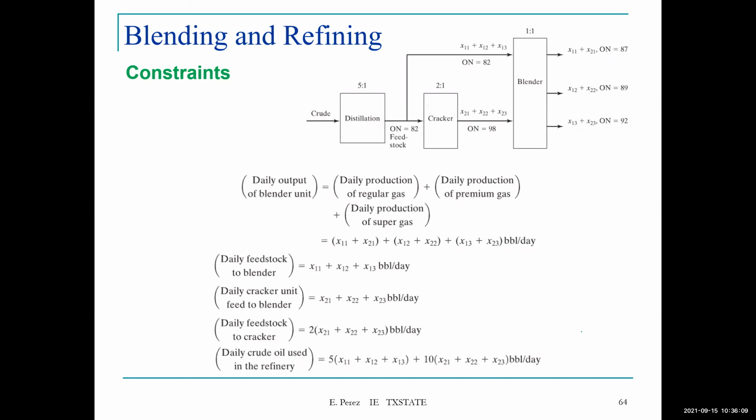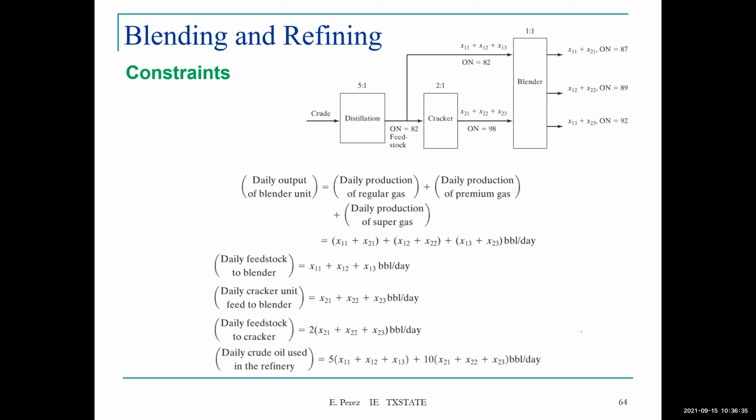The daily feedstock to the cracker is going to be 2 barrels per 1 barrel of cracker output, right? The ratio 2 to 1. So that's why we are multiplying by 2 the total that is going to be produced.